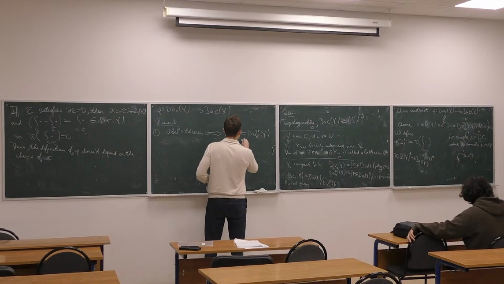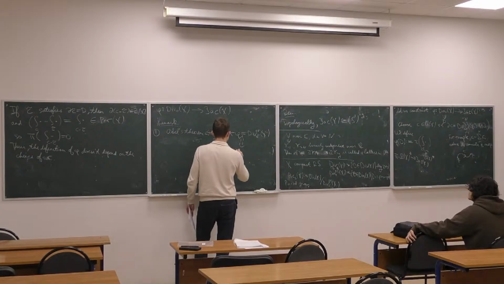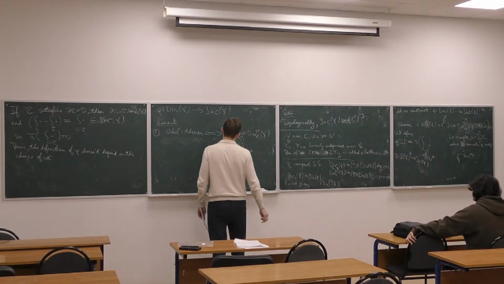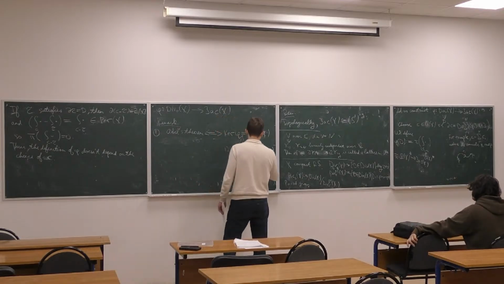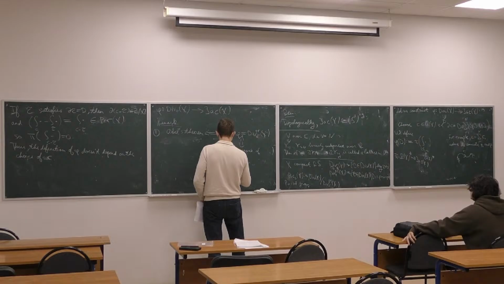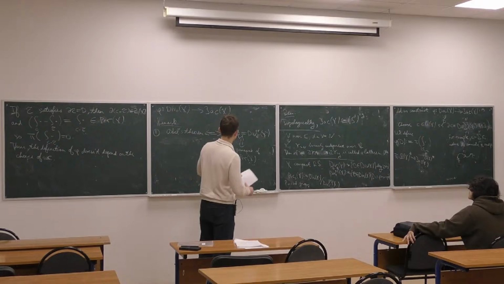How can you reformulate this statement? This statement says that D is principal if the integral over C, such that dc equals D, is a period of X. Because this is the same.